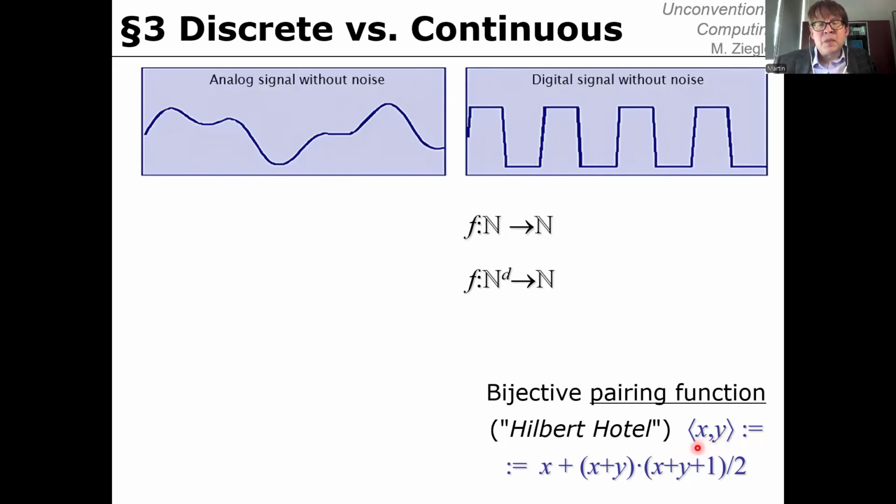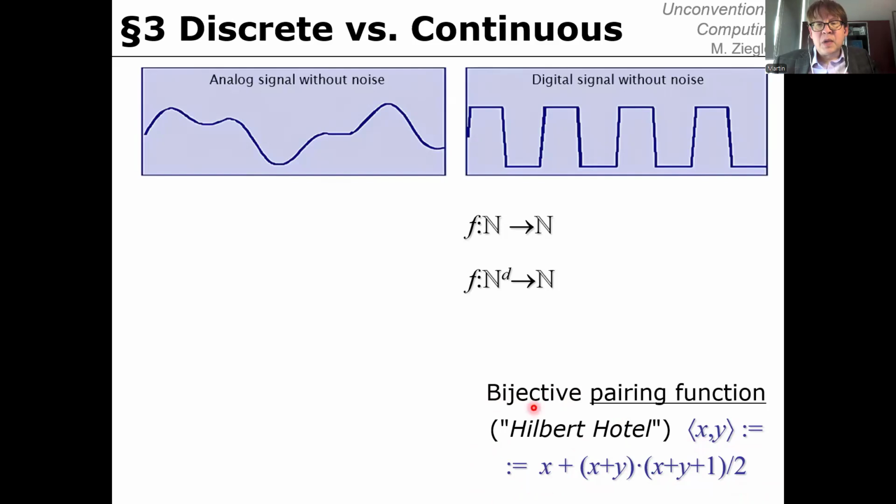Imagine the first number is the room number of a previous occupant, and the second natural number is the seat number of the passenger in the infinitely large bus arriving. The value of that pairing function is the new room number after the passenger has been moved. And so this is the mathematical expression. It's a nice exercise to show that this function is actually bijective.